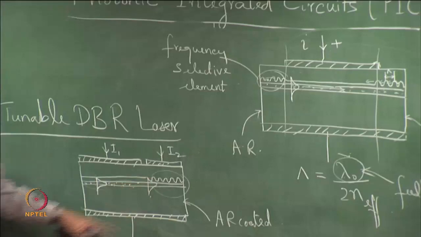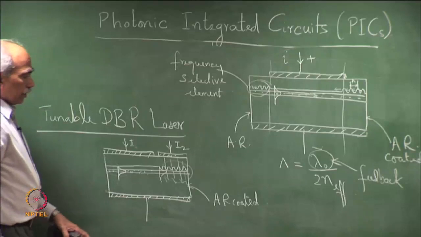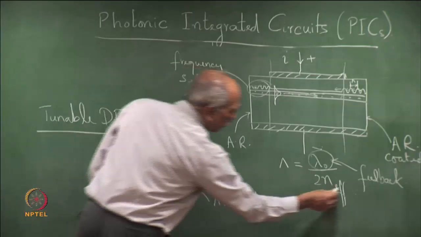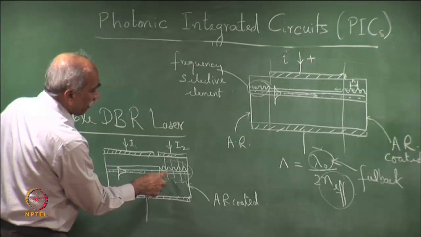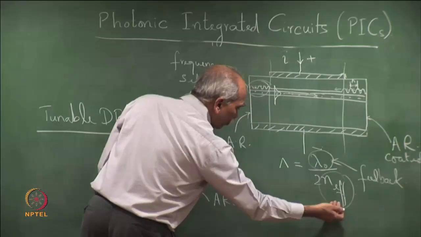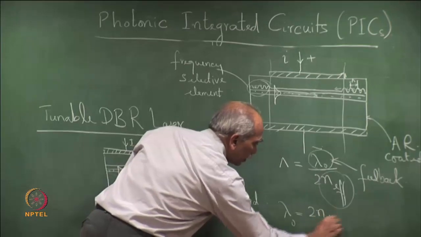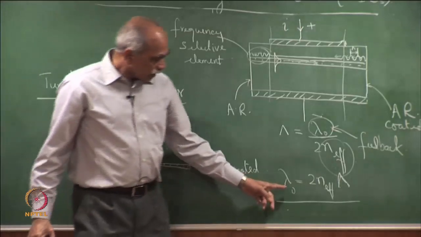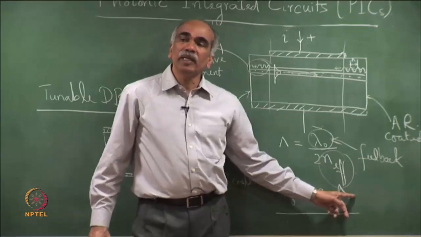However, in this case, because current also flows through this region, the choice of frequency which oscillates will depend on the N effective, which depends on the refractive index of the mode in this region. Therefore, N effective can be affected. So, we have lambda oscillation equal to twice N effective into lambda. The lambda oscillation can be varied by varying the N effective. Lambda, the grating period, is fixed.